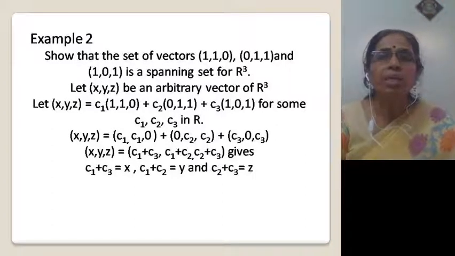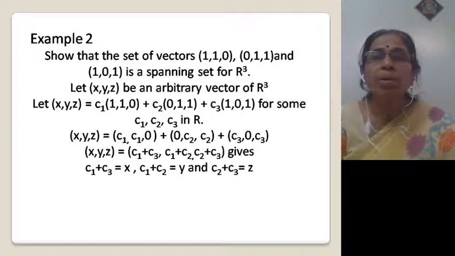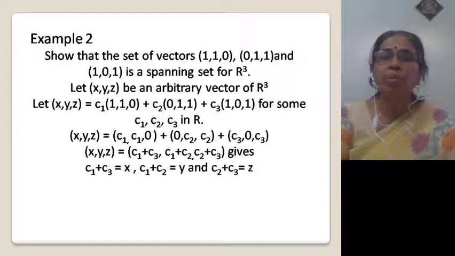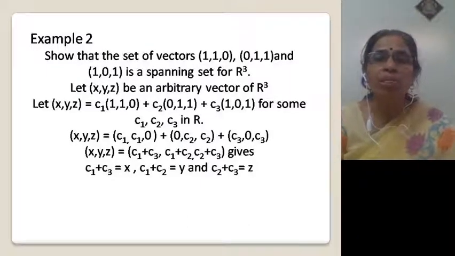Now the second example. In this example, three vectors are given and we have to show that these three vectors form a spanning set for R3. So we have to consider an arbitrary vector belonging to R3. Consider x, y, z belonging to R3 and write it as a linear combination of the given vectors.